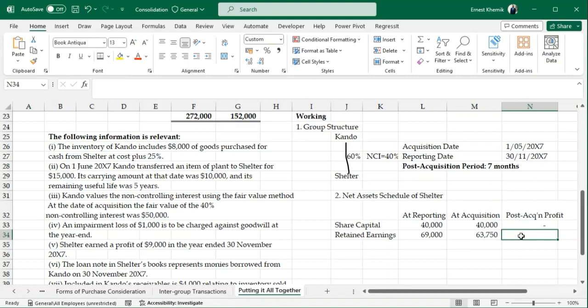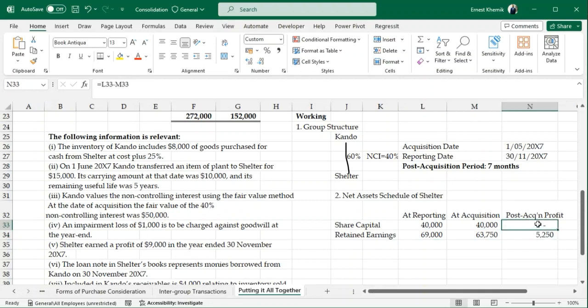Now what did I just do here? I can calculate my post-acquisition profit as the 9,000 multiplied by 7 over 12, which will give me 5,250. Or I can just go ahead and subtract the amount at acquisition from the amount at reporting to get that.